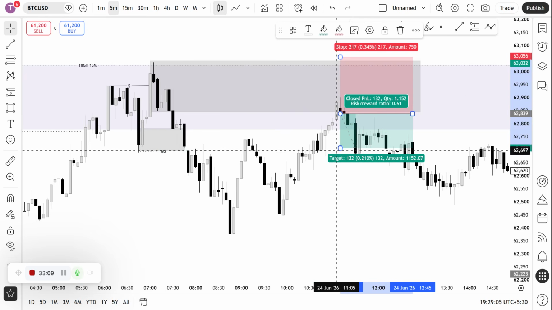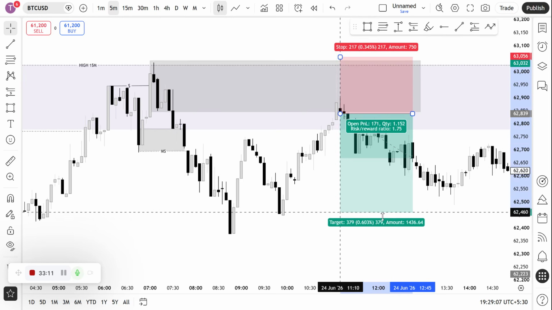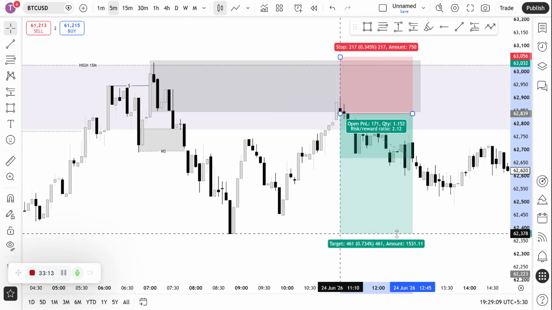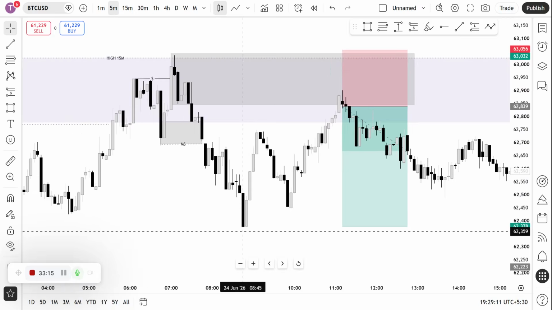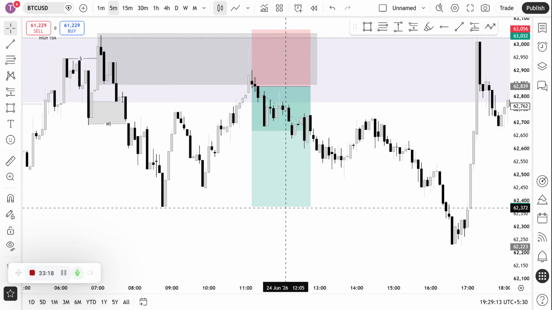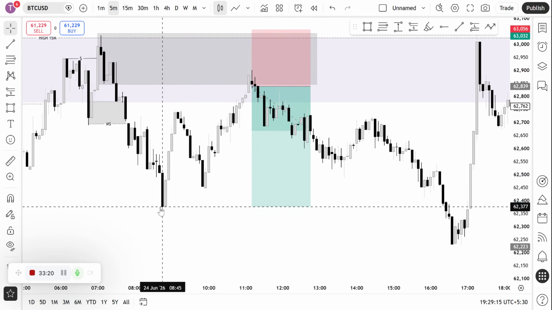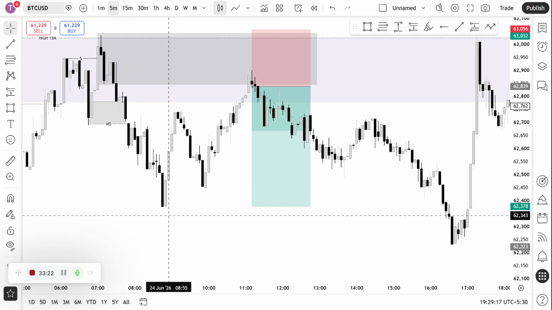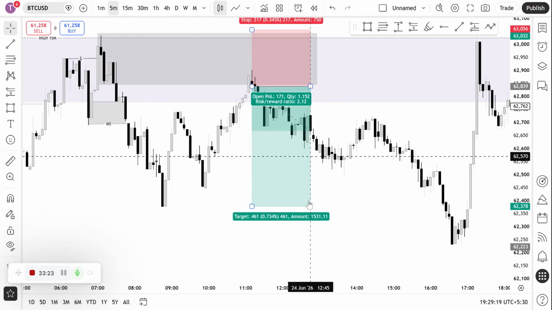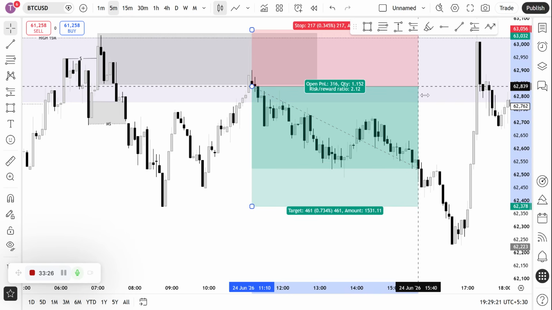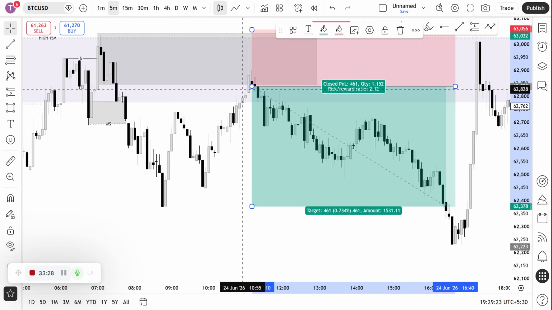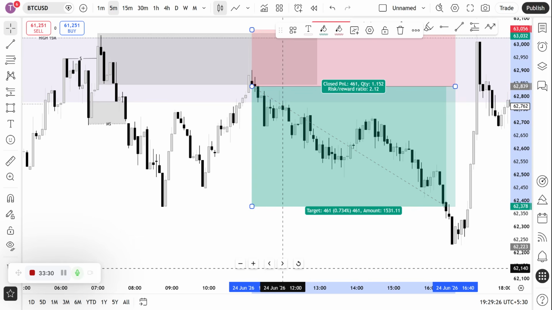And then I target the last low or 3R. So this is the last low, right? So I'm done like this, guys. As you can see, this was my trade.